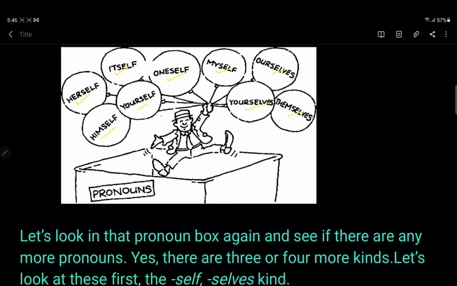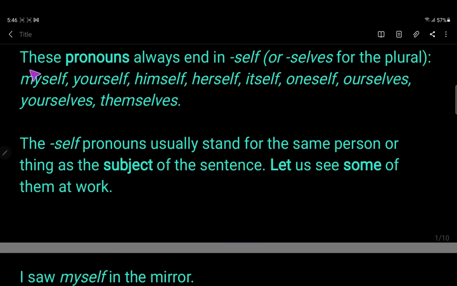These are all pronouns. You have already found that these pronouns always end in self or selves; for the plural it is selves. The self pronouns usually stand for the same person or thing as the subject of the sentence.